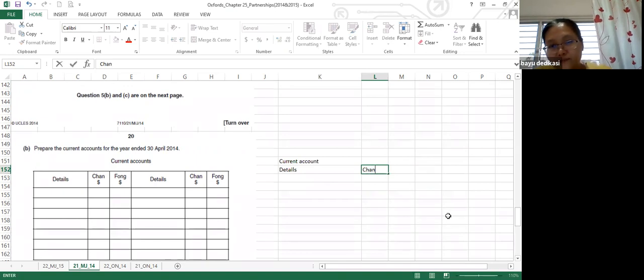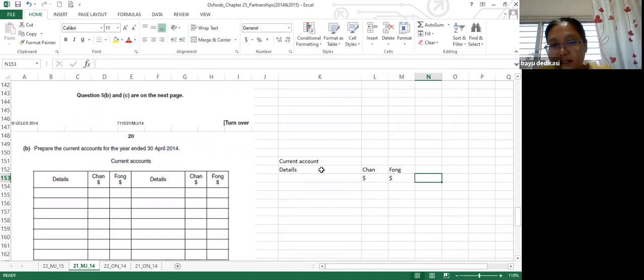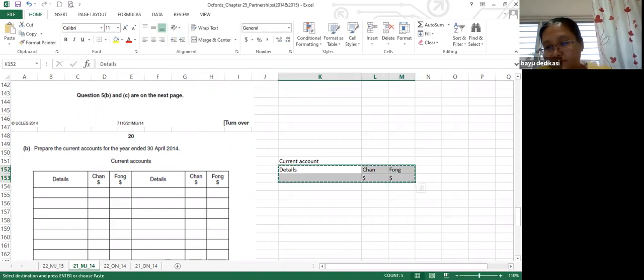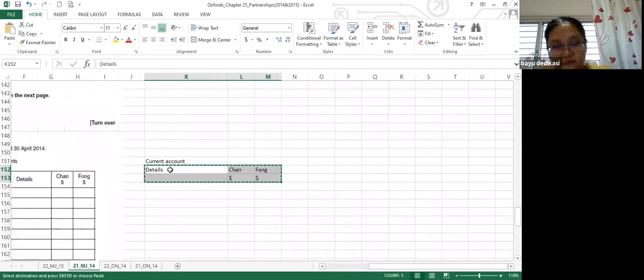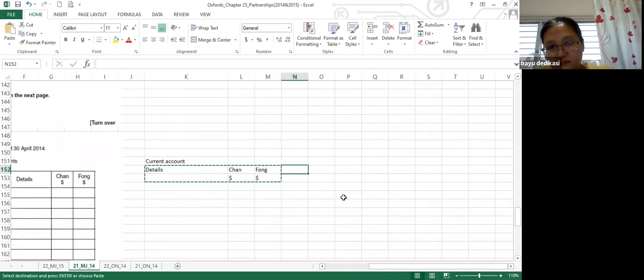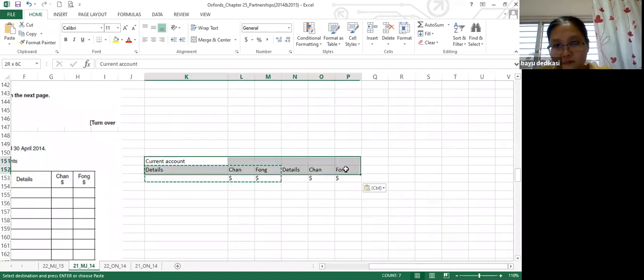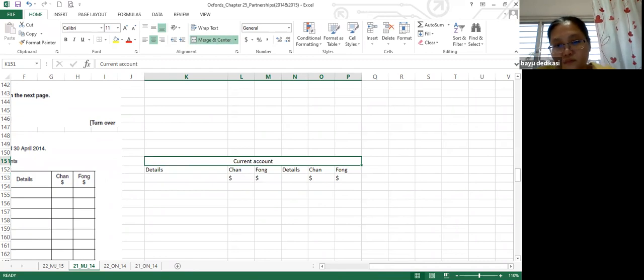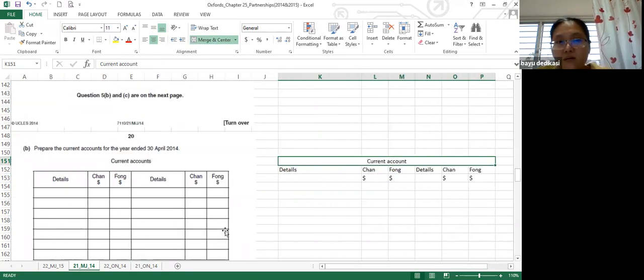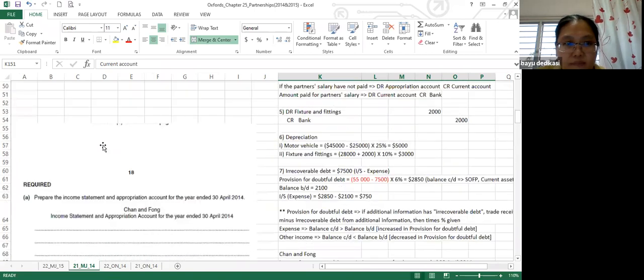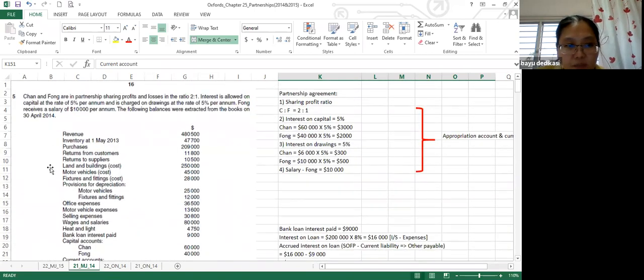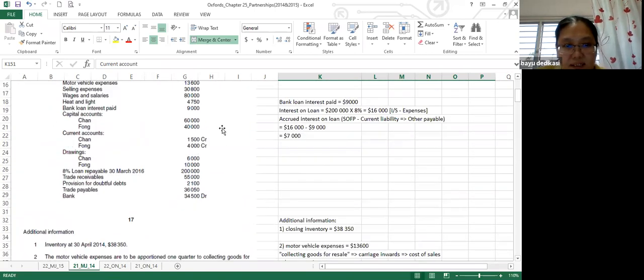And then another column next. Okay. So all this amount, where do you get the information from? From your beginning of the year current account balances, both in the credit.